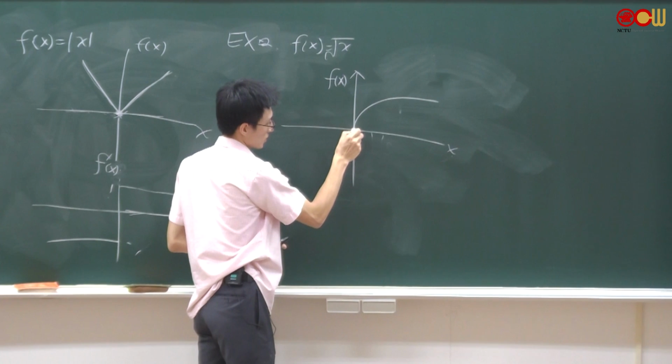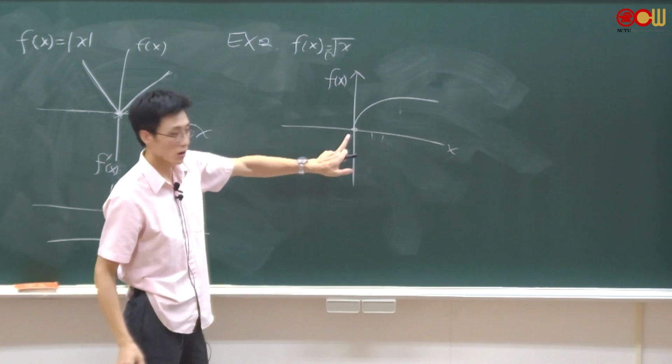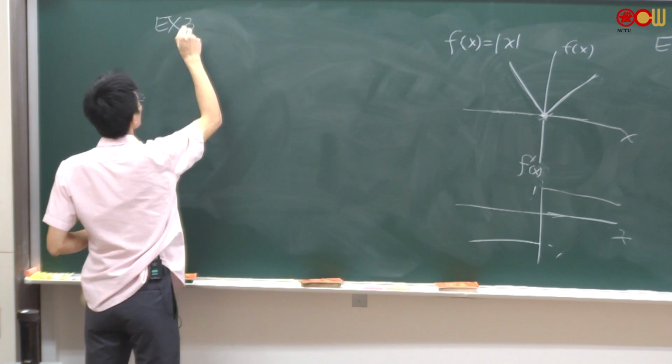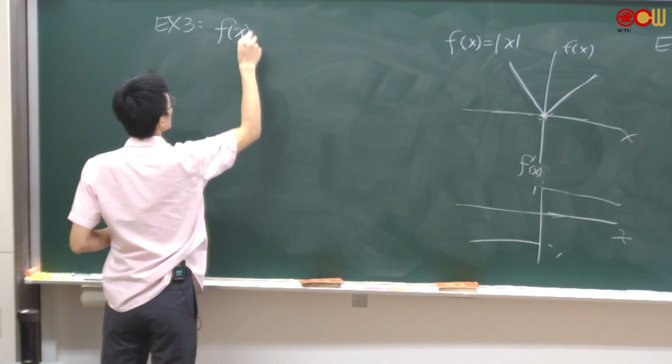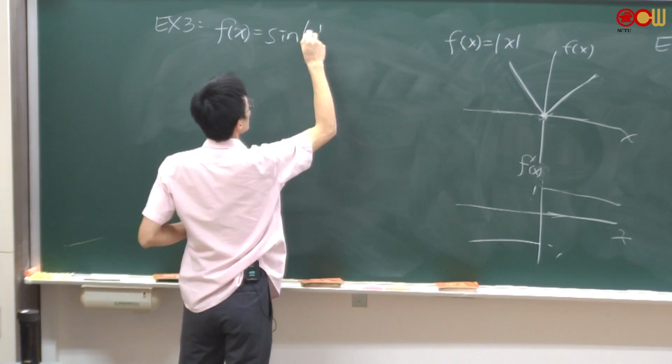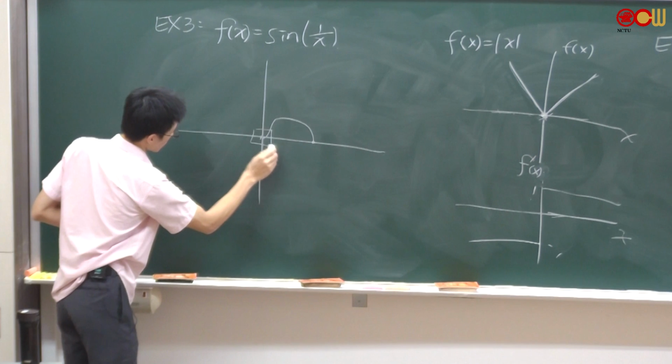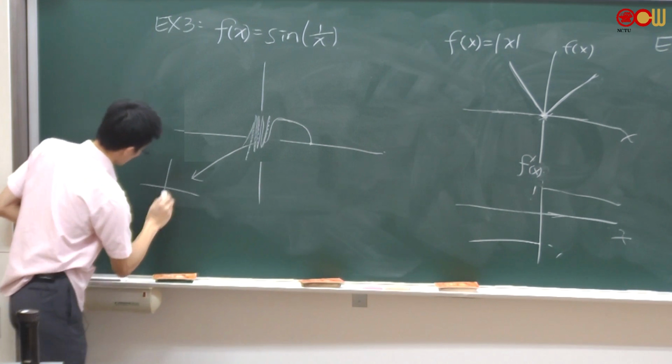So the slope around 0 is very large. So all these examples are very special. I give you all these examples to facilitate your study. But usually for a general mechanical system, the dynamics won't look like this. So if you zoom in here, it's like this.